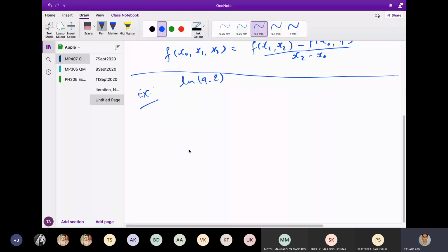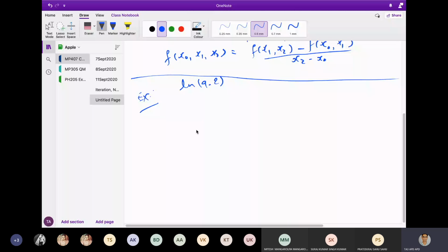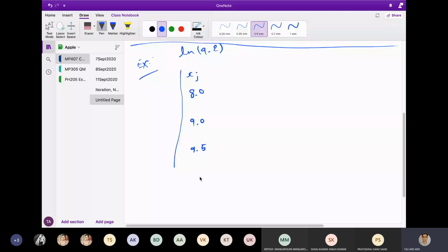So let's say you have the data which is given to you, which I called xj, and over here I would just say you have 8.0 and you have 9.0, you have 9.5, and you have 11.0, and the corresponding f of xj.